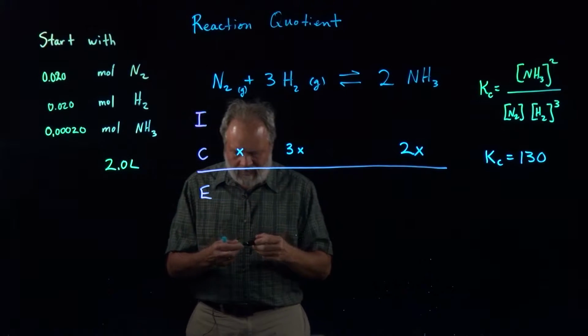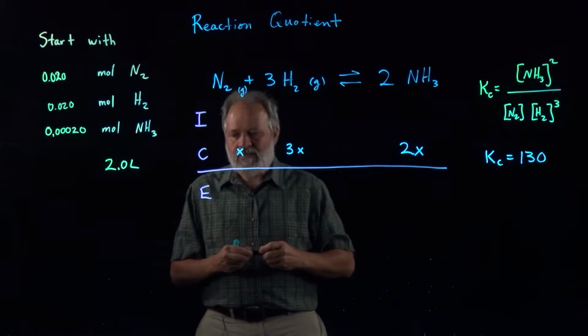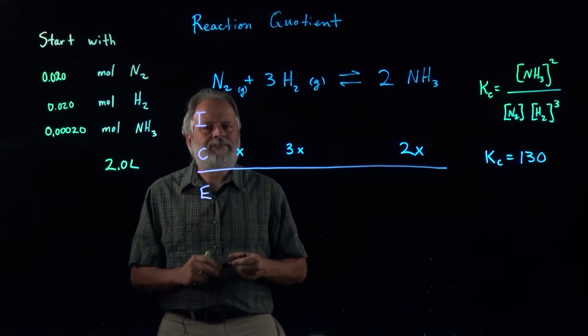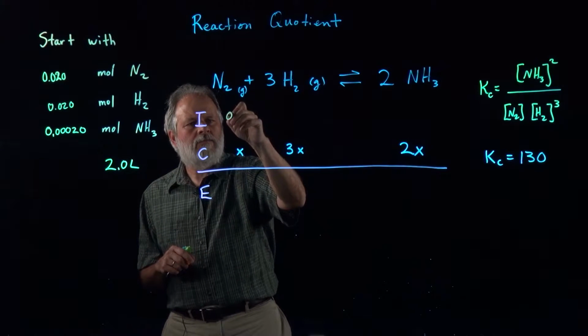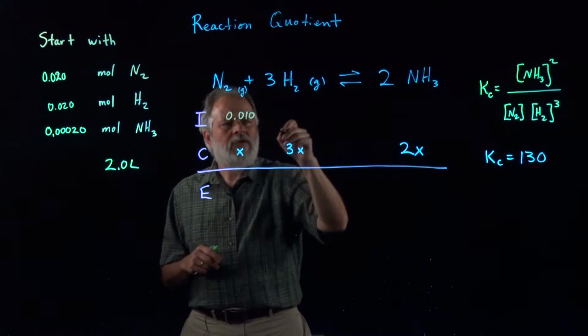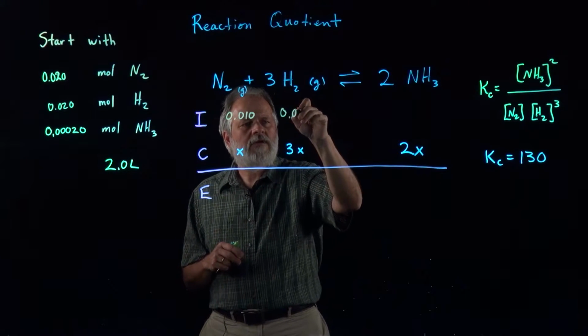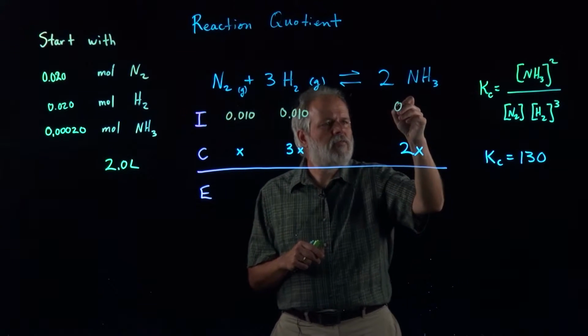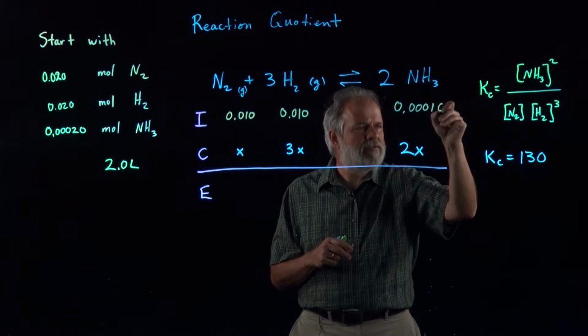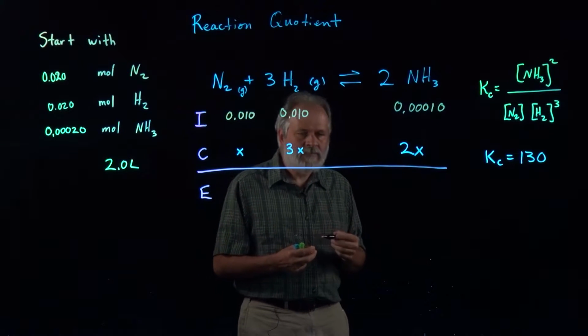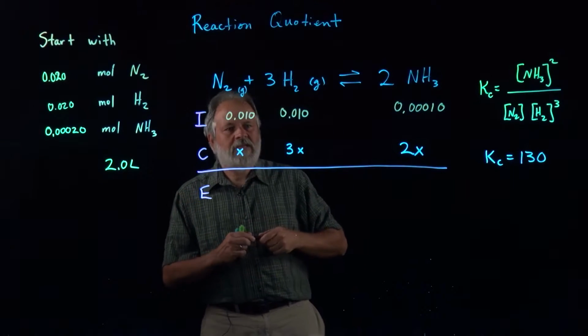Very little ammonia is going to be present. So when we take the moles divided by volume, we get 0.010, 0.010, and 0.00010. All right. All well and good. We know the initial line.